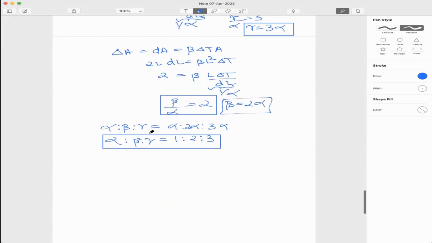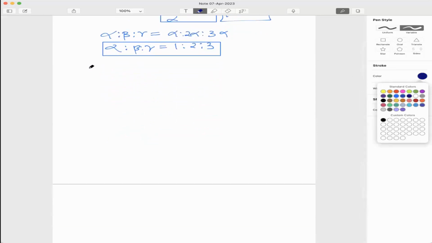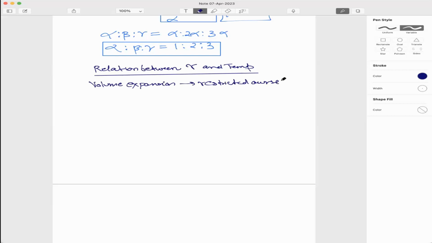Okay, so now I want to comment one thing on gamma, the relation between gamma and temperature. When you see the volume expansion, we are restricted ourselves to temperature less than 100 degrees centigrade, because the gamma temperature curve is like this.